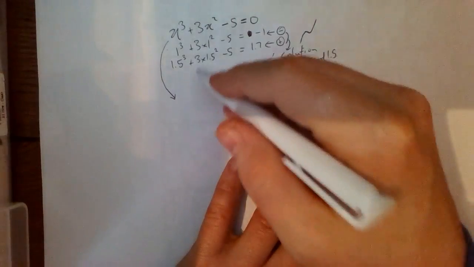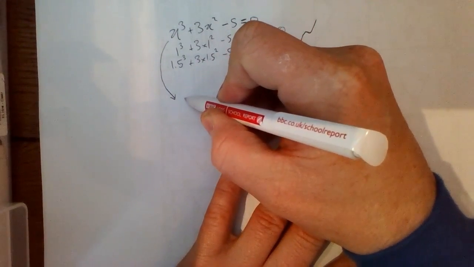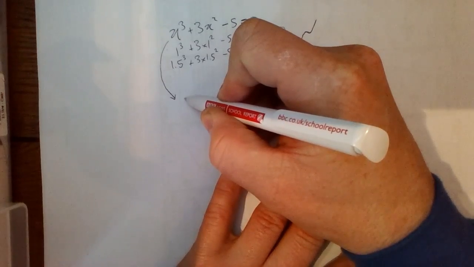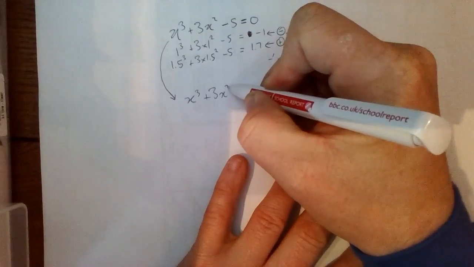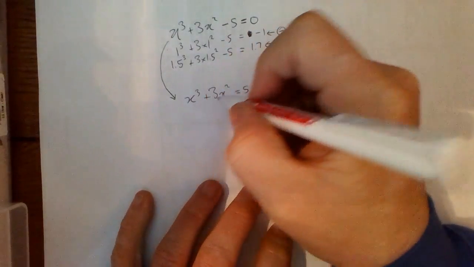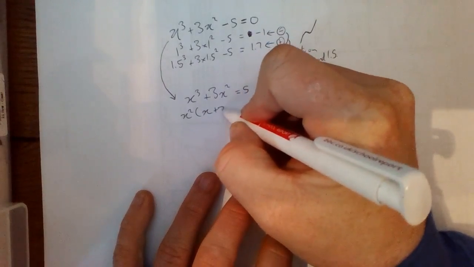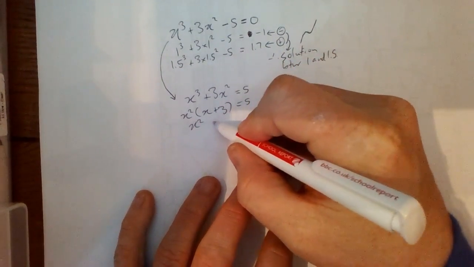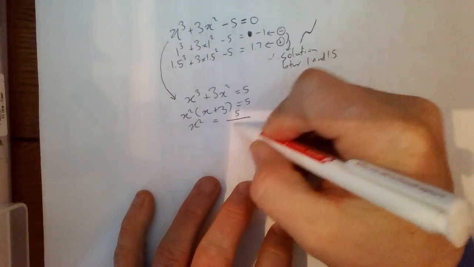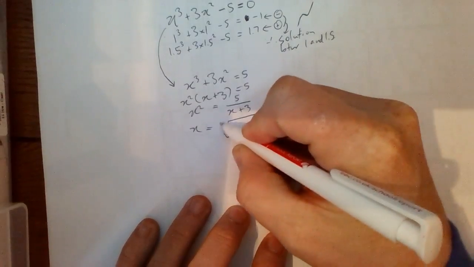Now they'll almost always tell you what to make it look like, but I'll just show you what would be involved here. So let's say we first add 5 to both sides. Now I take x squared out as a common factor. Now I divide both sides by x plus 3 in a bracket. And now finally I square root both sides.